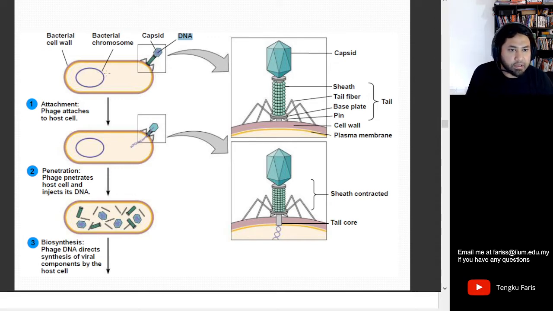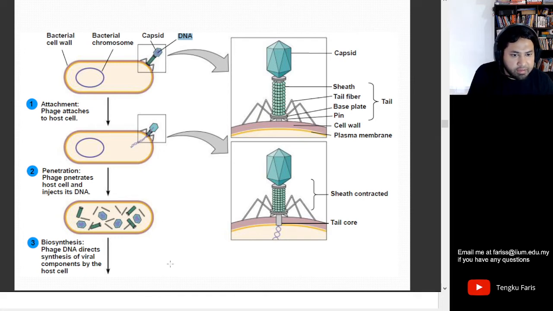Inside the E. coli they have the bacterial chromosome and the cell wall, but the bacteriophage is capable of poking into the cell wall, and then they release the DNA material, as it penetrates the host cell and injects its DNA material.